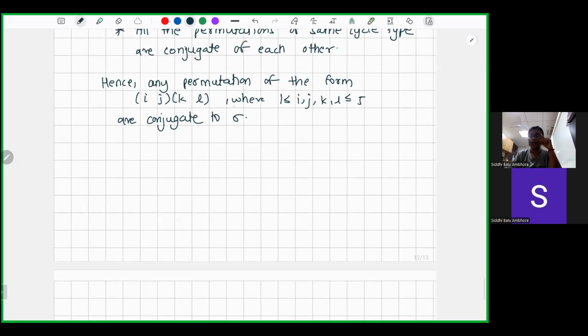And the moment I write that this is a permutation of the form (i j)(k l), this is by default, by the definition of the way we have defined cycle type. Okay, so these are conjugates of sigma, and also H is normal in G.